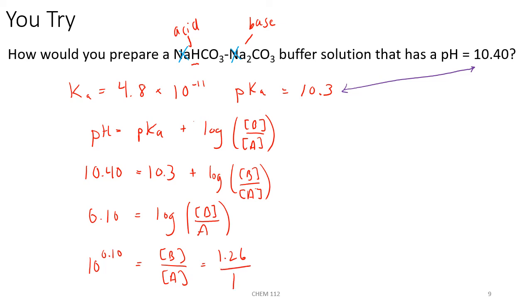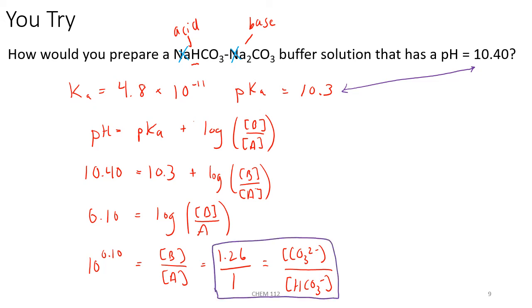So if we took 1.26 moles of our base component, which is CO3 2- carbonate anion, to 1 mole of HCO3-, the bicarbonate ion, and we dissolved both of those in 1 liter of solution, that would give us a buffer solution that will buffer specifically at 10.40. So this tells us the ratio of those moles per 1 liter of solution.